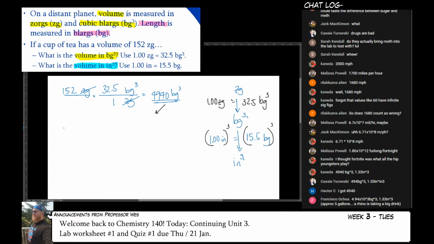So I'll take this number down here, and I'm going to multiply. Let's set up the units so that they cancel. This is going to get cubed eventually, so I have to set them across from each other. And then we'll put in the numbers, and then we'll cube everything. So now these cancel.